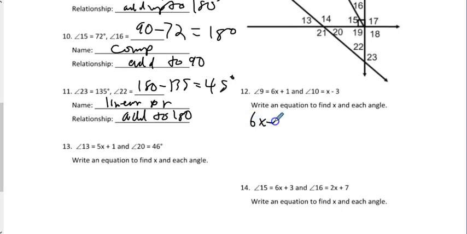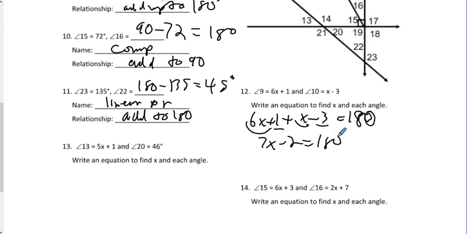So 6x plus 1 plus x minus 3 equals 180, because supplementary angles, linear pairs, add up to 180. Now we combine the x's, 7x, combine the numbers, minus 2 equals 180. We're going to add 2 to both sides and get 182. And then we're going to divide by 7. 182 divided by 7 is 26.